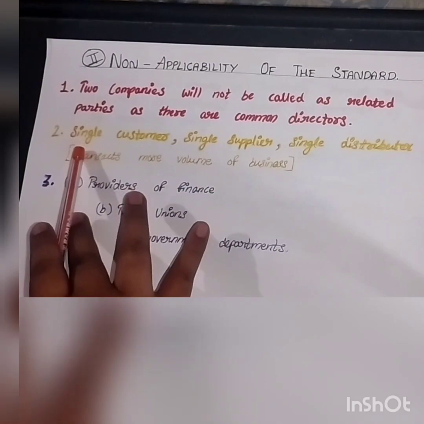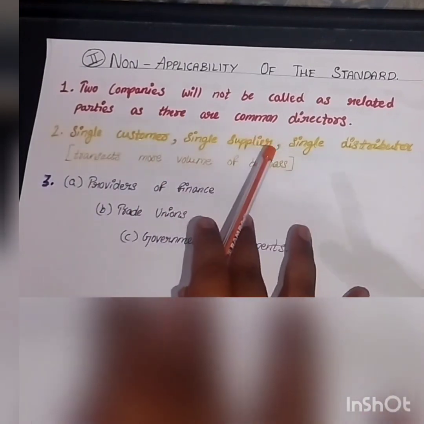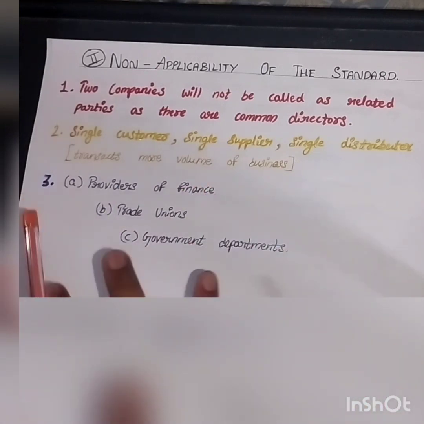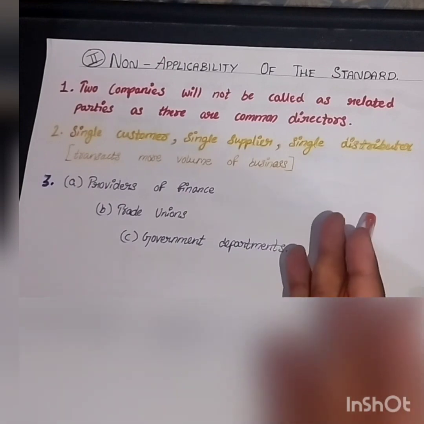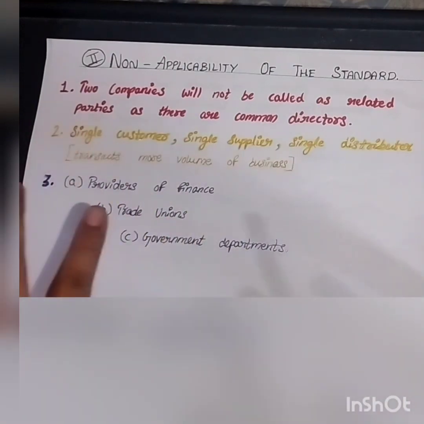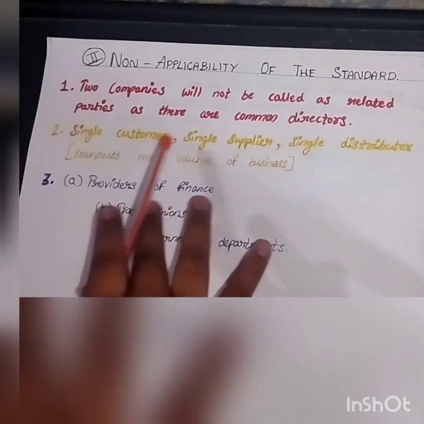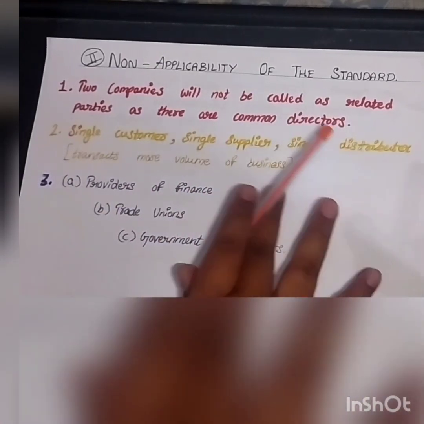You can see that word single. As we know, if you want to call a party a related party, there should be involvement of two or more persons or parties, right? Here they are saying single customer, supplier, and distributor.